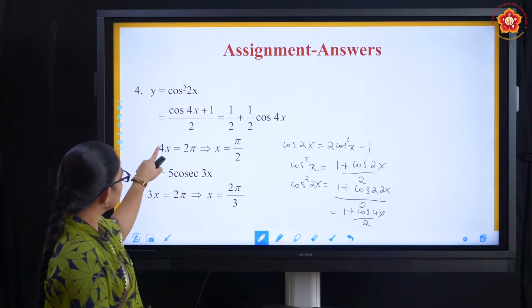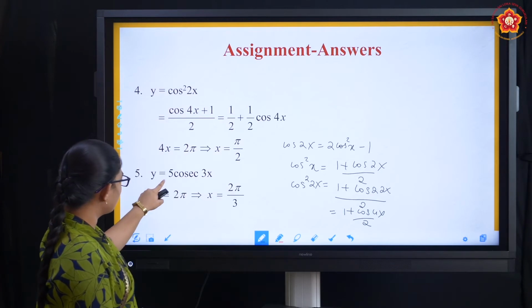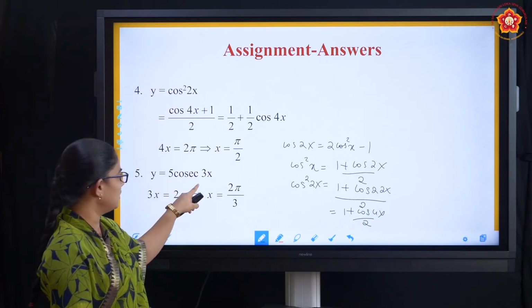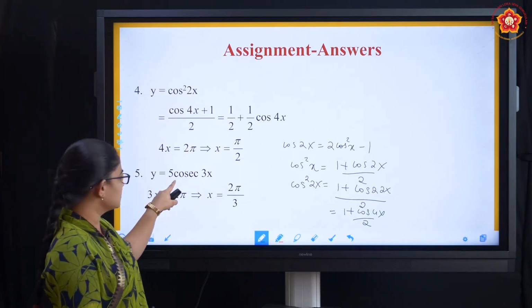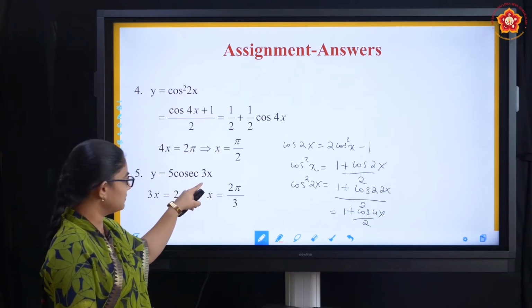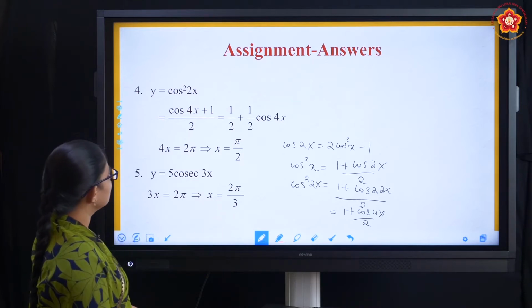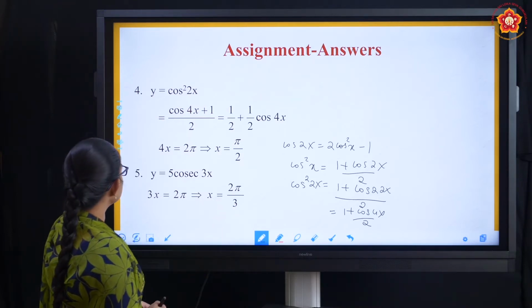Therefore the periodicity of the given function is pi by 2. Next, coming to the next problem, we have 5 cosecant 3x. The periodicity of cosecant is 2 pi, so 2 pi by mod 3, that is 2 pi by 3. So this is about the assignment questions.